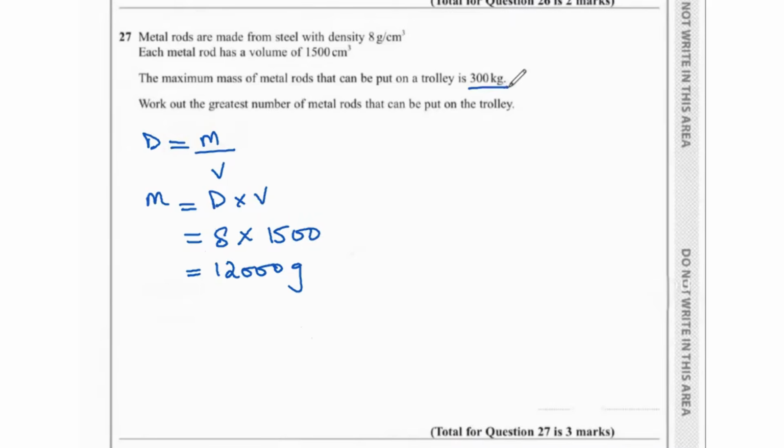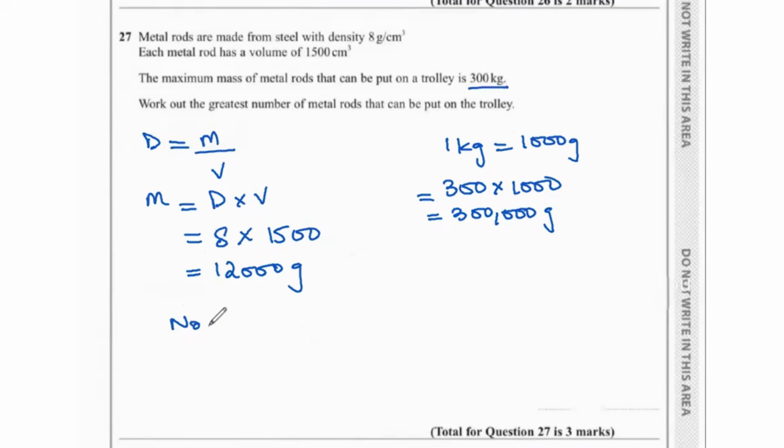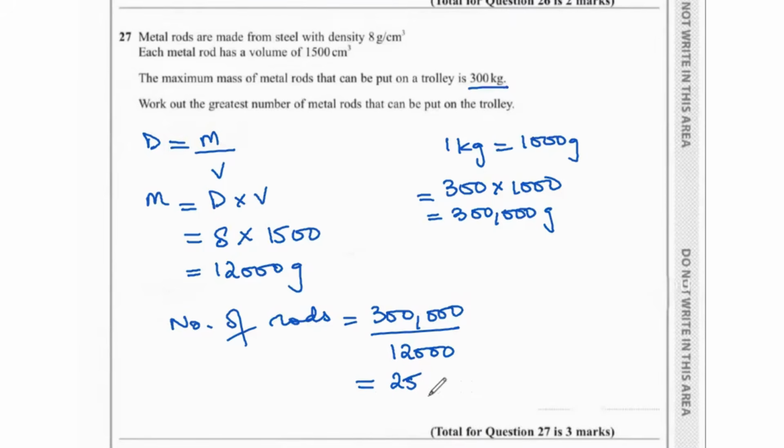Since the maximum mass is given in kgs, and 1 kg is 1000 grams, 300 kgs times 1000 is going to give us 300,000 grams. So for the number of rods, we divide the maximum mass by the mass of one rod, which is going to give us 25. So we can only put 25 rods on this trolley.